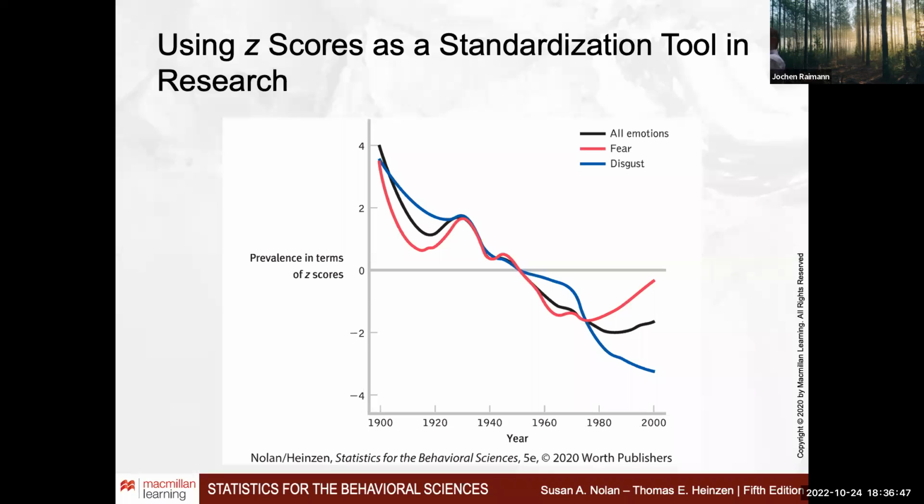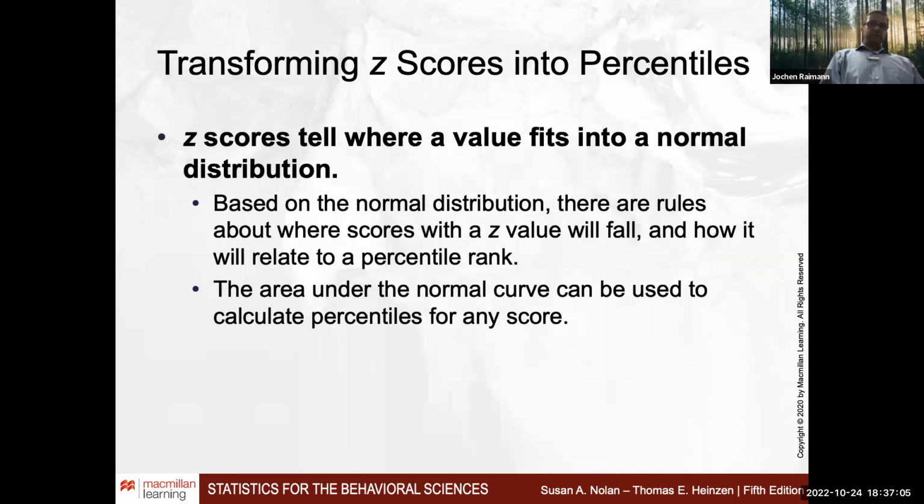And standardization is one way how to do that, because you take population parameters, you take the sigma, you take the mu, to basically characterize each individual point. And thereby you can basically make them comparable amongst each other. But this is basically not where this stops, so it goes further. Z-scores tell you where the value fits into the normal distribution.